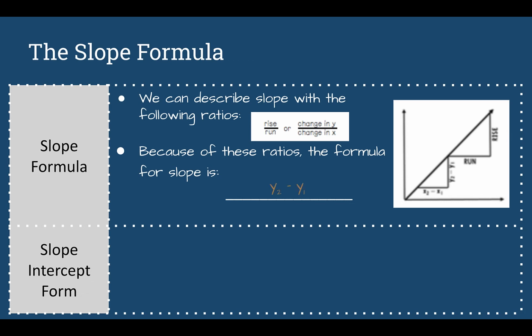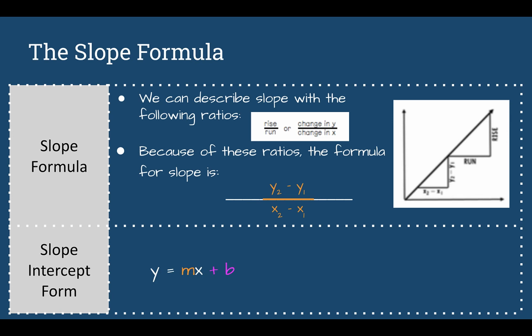And the second one, our slope formula, you are going to see it written like this, where it is y2 minus y1 over x2 minus x1. All that means is you took the second y coordinate and subtracted the first y coordinate, and then on the bottom you took the second x coordinate and subtracted the first x coordinate. Just subtraction like we saw on the previous slide.